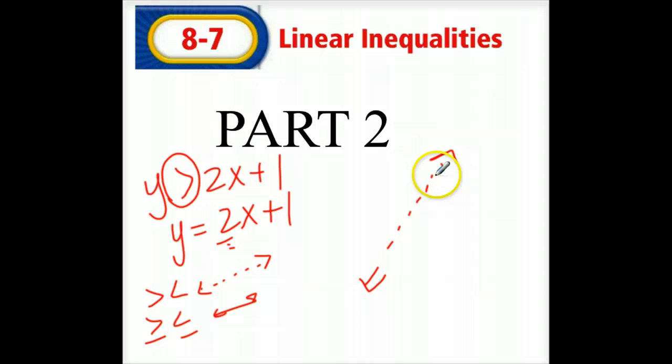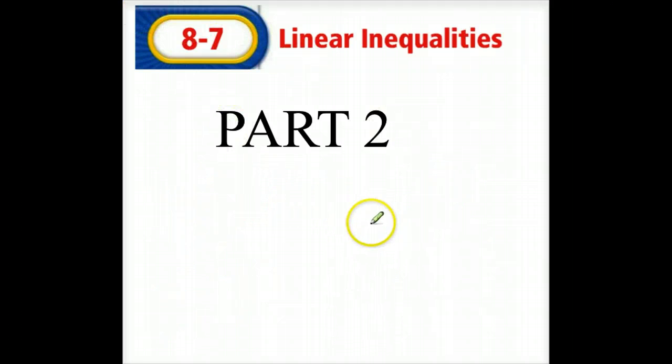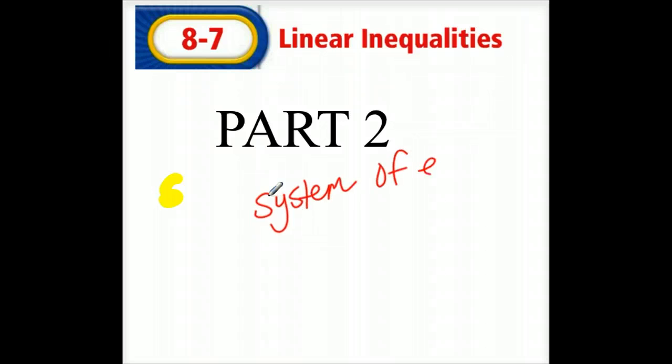All right, then once you have it graphed, we picked a point, whichever side, as long as it wasn't part of the line, and if that was a solution in our inequality, then we shaded that side of the graph to show all of the solutions. All right, so with that, remember when we had a system of equations?